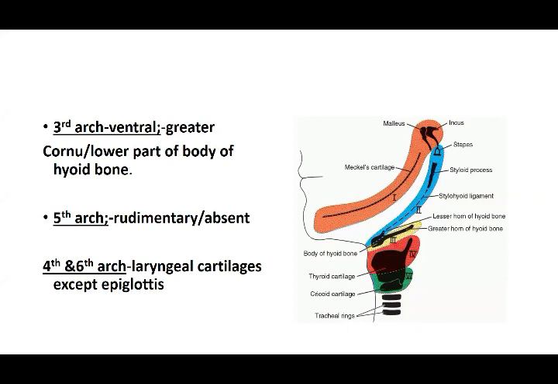That is, other than the epiglottis, all these cartilages are being formed by the fourth and the sixth arch. Fifth is a rudimentary structure. So you see this fourth and sixth arches, they are giving rise to the thyroid, cricoid, arytenoid, corniculate, and cuneiform cartilages. Epiglottis is formed from another source, right?